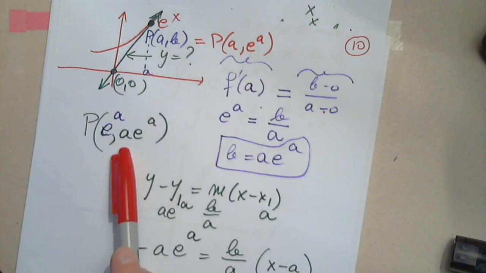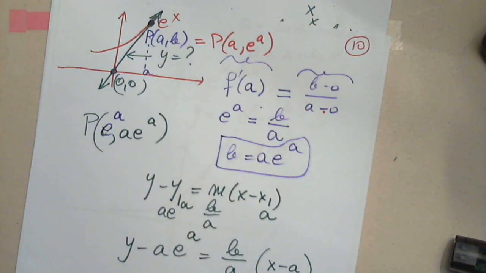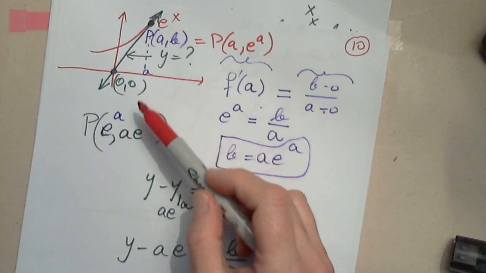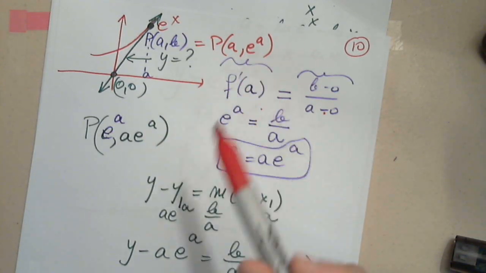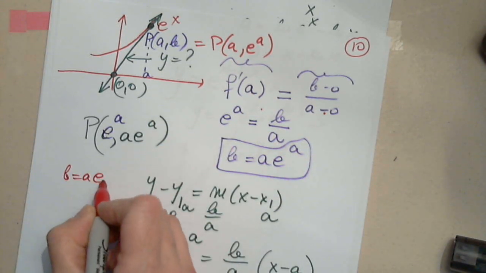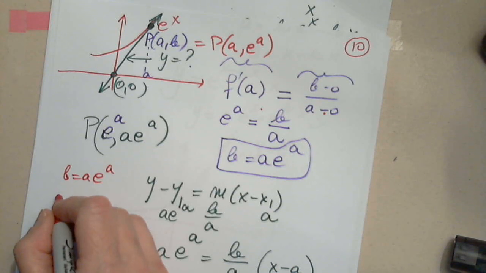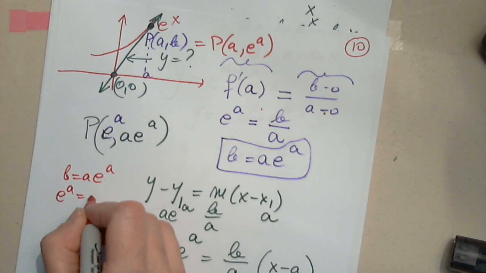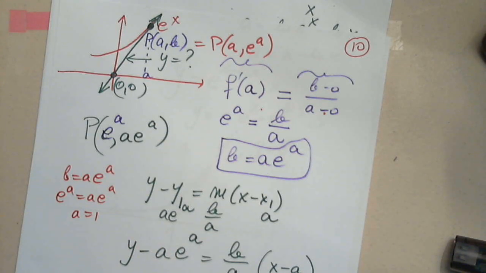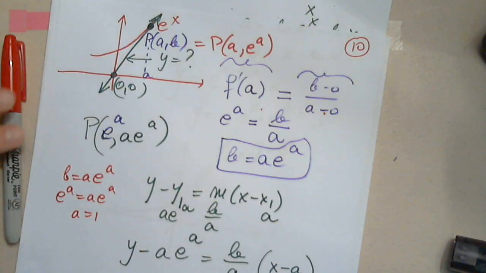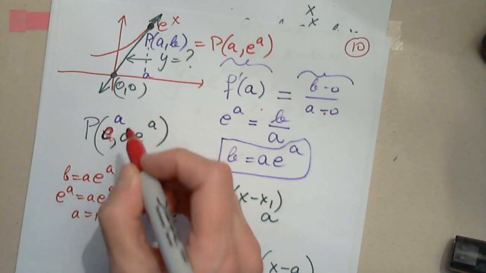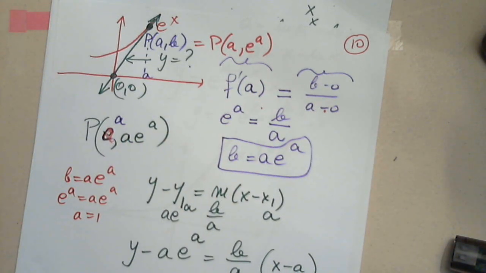So we got that b was this, but it has to equal. So b, which is a e to the a, and e to the a has to equal a e to the a. So a equals 1. Okay. So that's what happened. So please do not correct this. This is correct. That is correct. Okay, that's what happened.